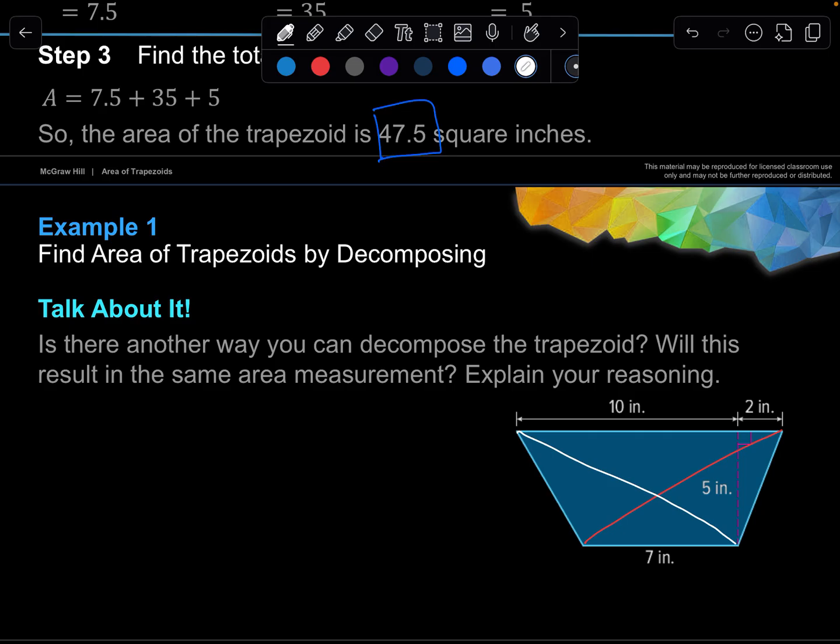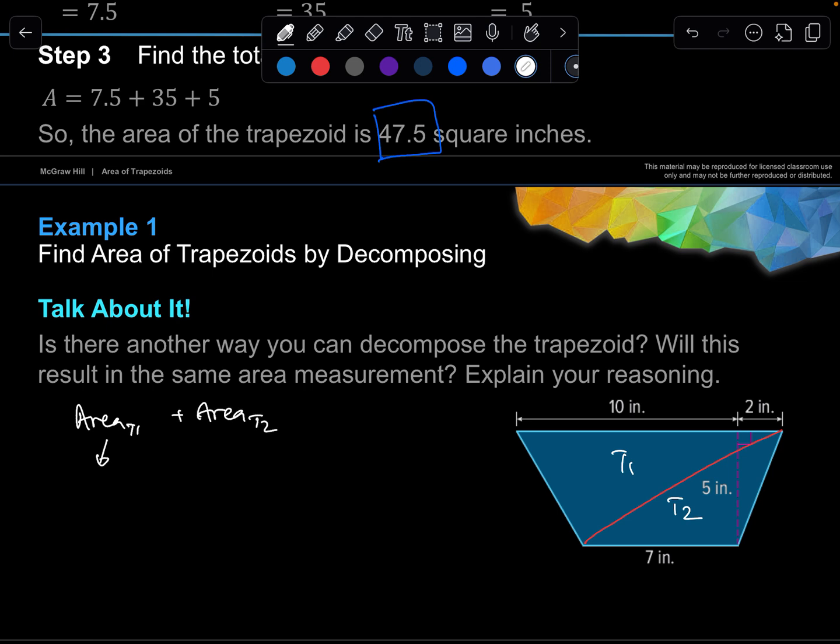In both cases, I'm going to erase this for a moment. In both cases, let's say this is T1, this is T2, area T1 plus area T2.